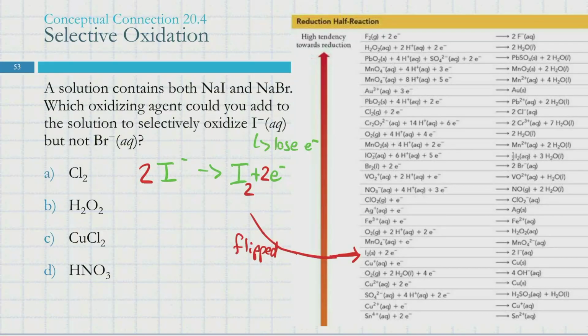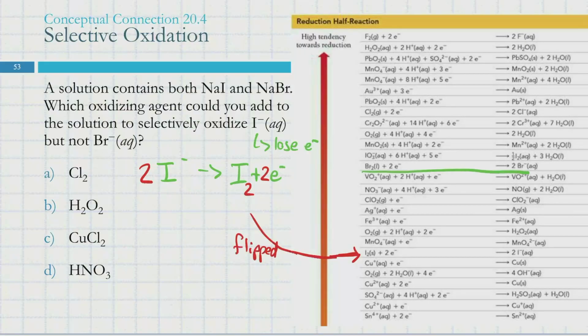So we've got this one flipped. So this will be spontaneous paired with something above it or below it, since this one is flipped? Above it. So since this one is the one that's flipped, we're looking for something that's above that, that'll be spontaneous. It's going to be the same idea for Br minus.